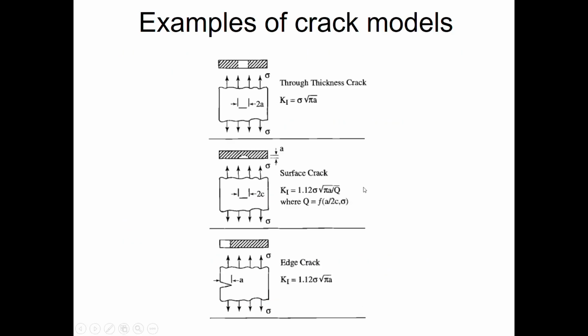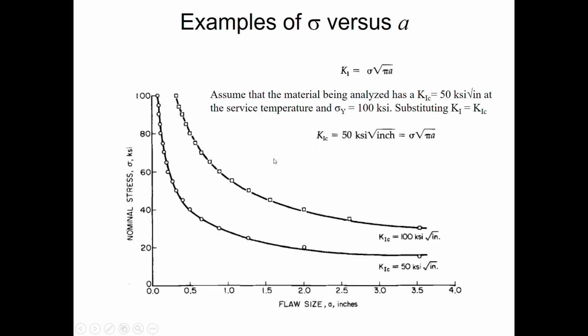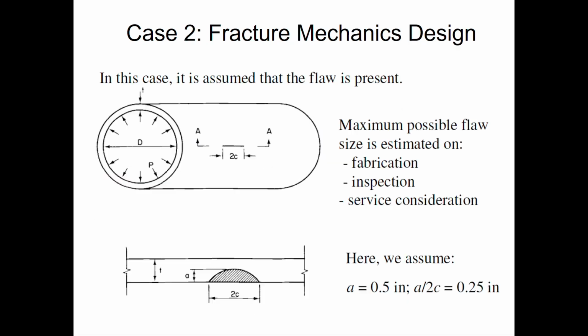Sorry, A is the crack length, while the thickness of the crack is 2C. So we assume that A equal to 0.5 inch, where you will get A divided by 2C equal to 0.25. So this is one of your parameters.